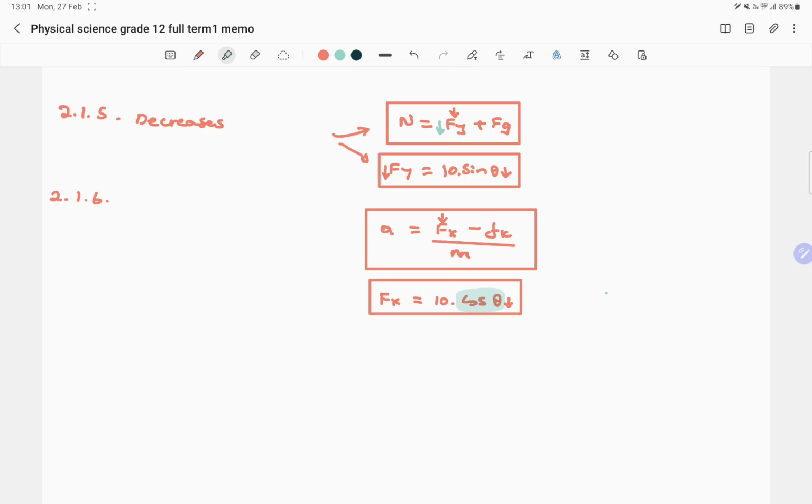Cos of 30 is root 3 over 2, right? Which is basically 0.86, which is around 0.9. And then cos of 20 is 0.94, but the other one was 0.86, so this one becomes bigger. I don't know if I'm making sense, because that was 0.86, and this one becomes 0.94.